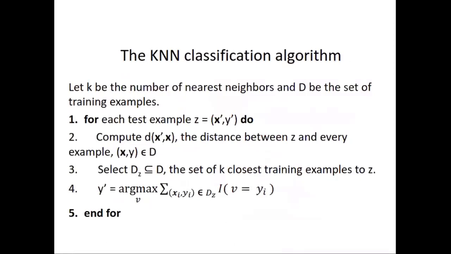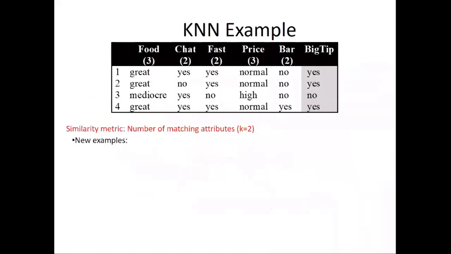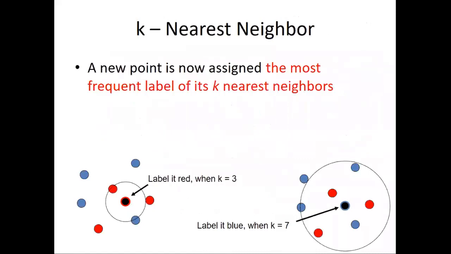You have to write this algorithm and give these kinds of examples. If you give more examples, you'll get more marks. You have to give examples like this: what will happen with one nearest neighbor, two nearest neighbor, three nearest neighbor.